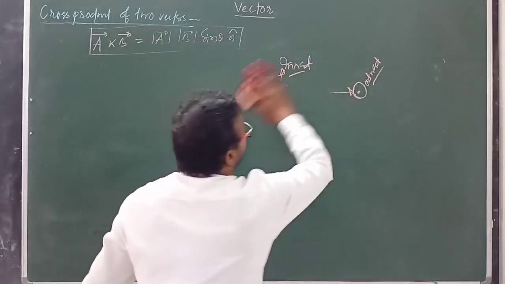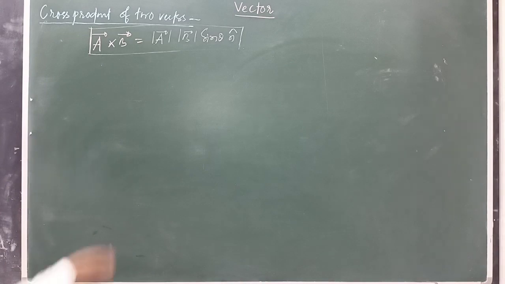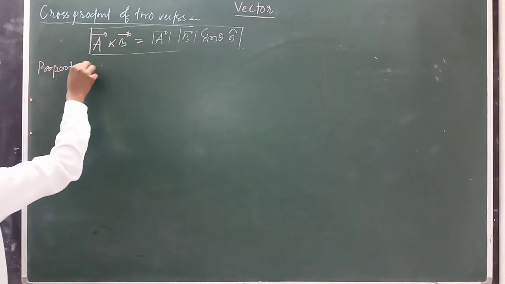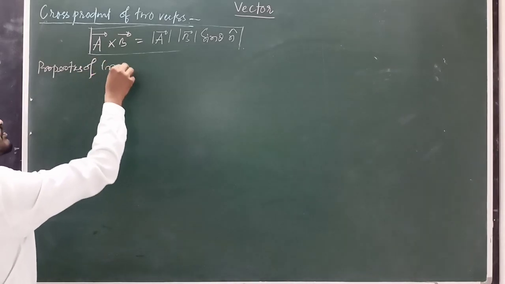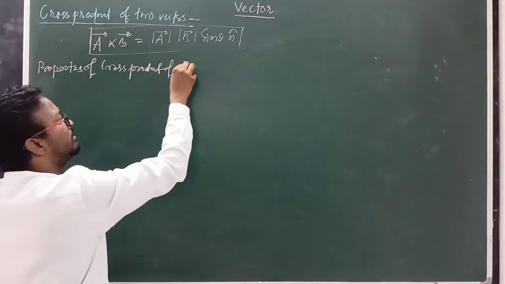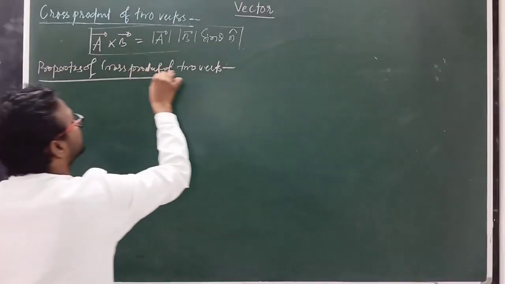Properties of cross product of two vectors.